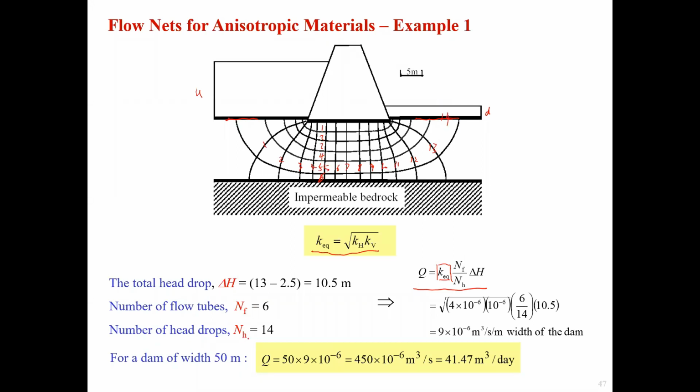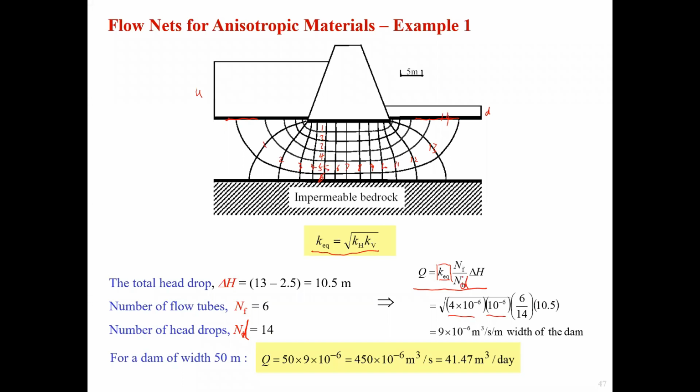Maybe we'd better change this to ND. NH and ND are equivalent, but we can use ND, the number of head drops, because that will be consistent with the previous slides. ND is 14. And because we know KH and KV, we are able to get the value of KEQ.